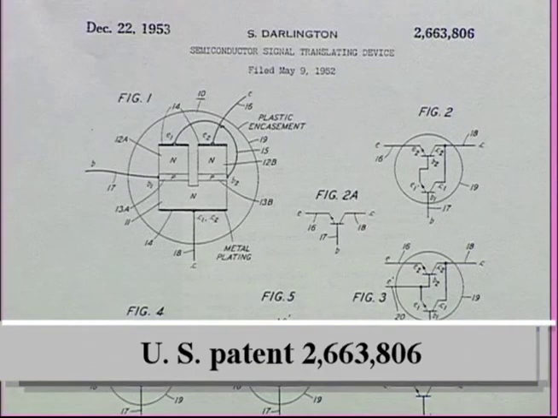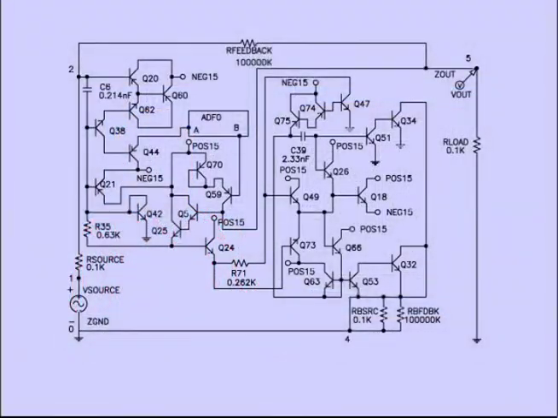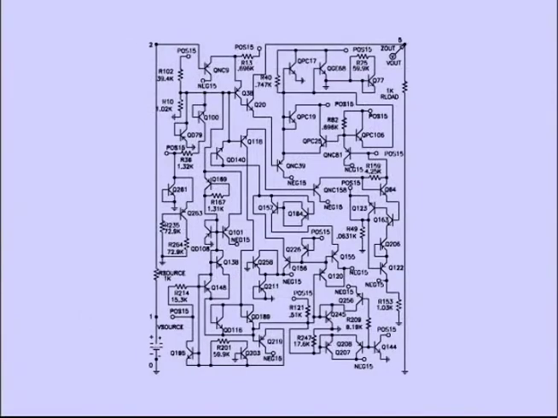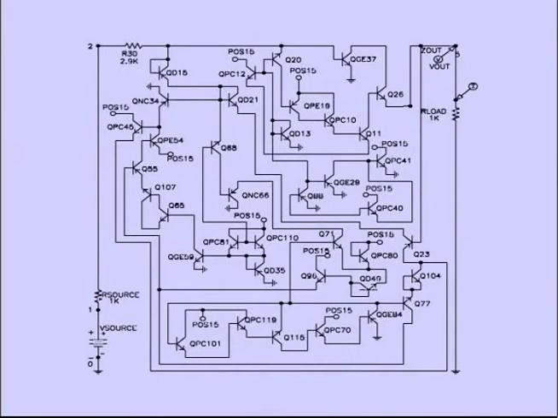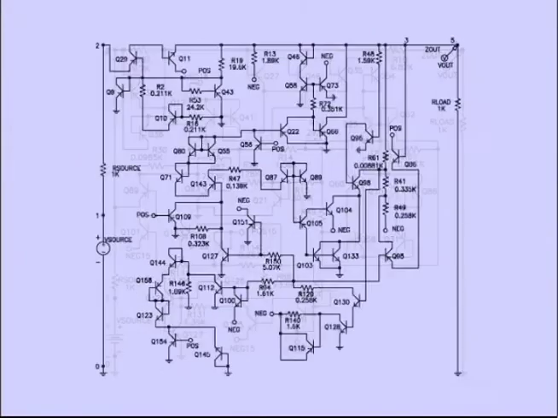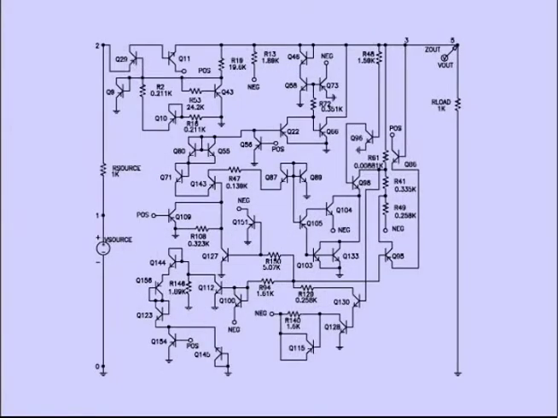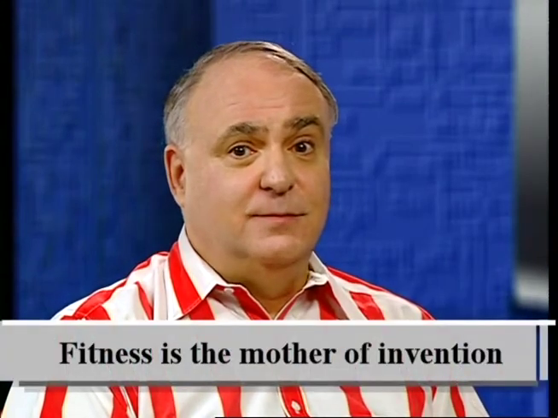Genetic programming has infringed on the now-expired patent of the legendary Sidney Darlington with 12 other circuits, including a high-gain 96 decibel amplifier and computational circuits for square root, cube root, squaring, cubing, and logarithmic functions. Genetic programming repeatedly reinvented Darlington's circuitry because necessity, that is fitness, is the mother of invention.